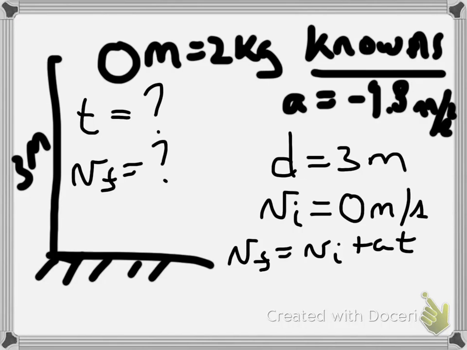We don't know Vf and we don't know t, so we can't use that because we have two unknowns. We can look at Vf squared equals Vi squared plus 2Ad. In this situation, we don't know Vf, we do know Vi, the acceleration, and the distance. So we could use this equation to solve for that final velocity.